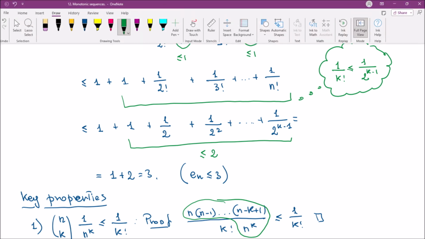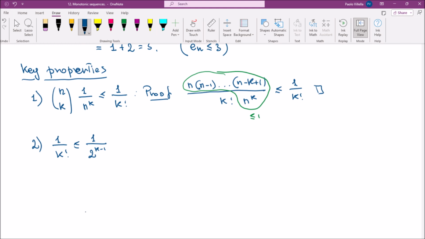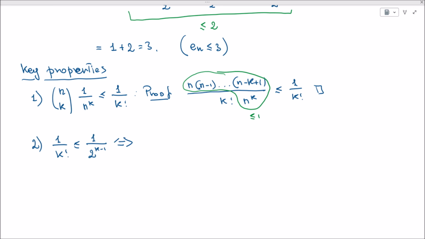So let's prove this property then. Since both sides are positive, this is just like saying that k factorial is larger than or equal to 2 to the k minus 1. But this can be easily proved by induction.